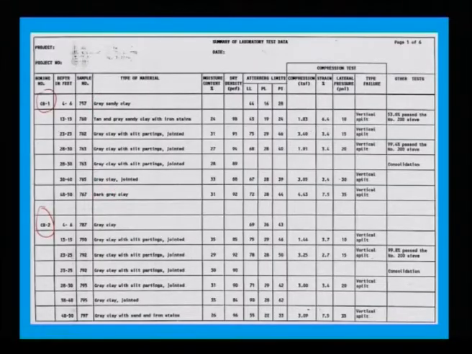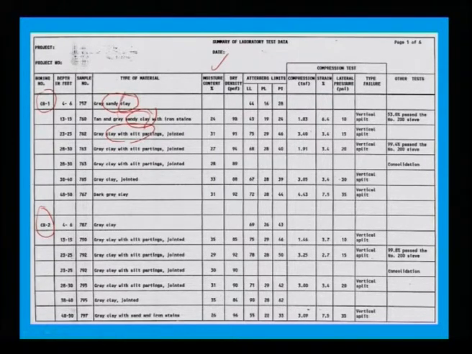Then this sandy clay is nothing but your classification. It has come from your classification, whether it is sandy clay, silt, or clay with silt. Then definitely you find out the natural moisture content.